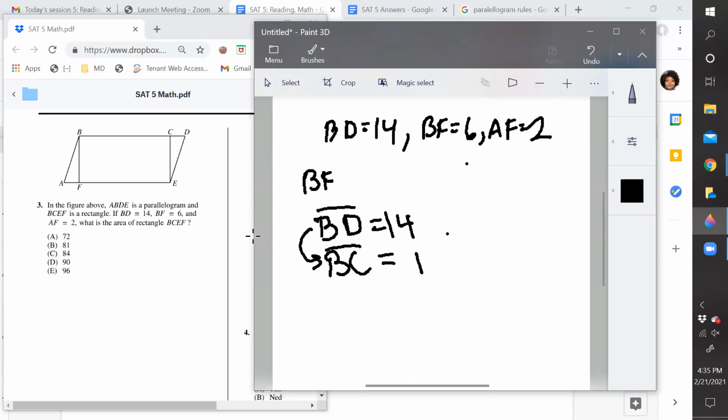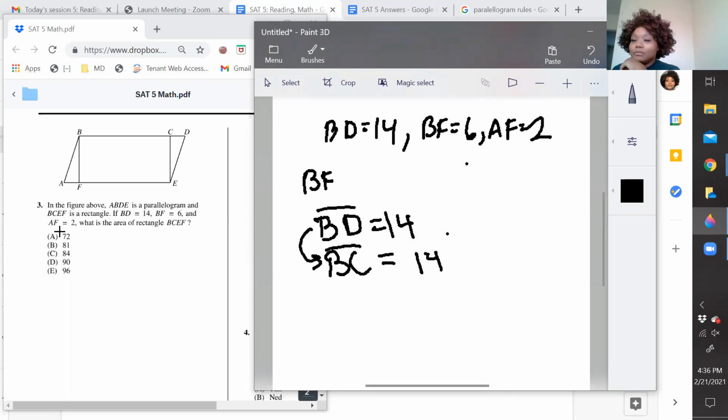It says AF is 2, and that's equal to CD. So AF equals 2. That's equal to CD because this is a parallelogram.